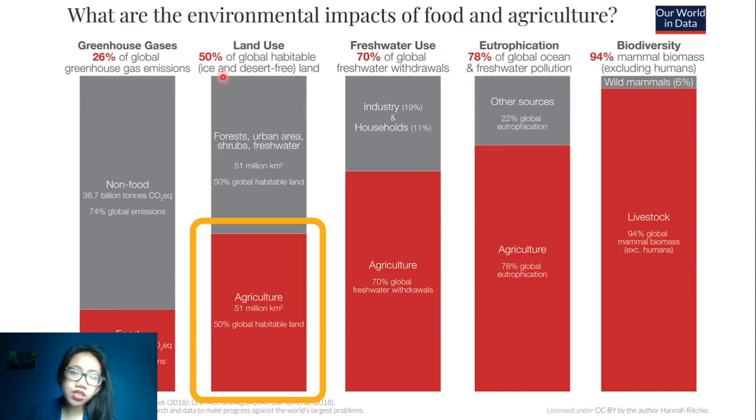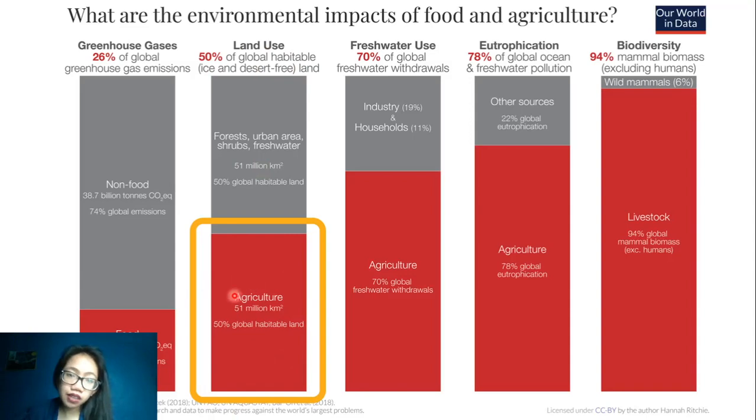So let's focus here on column 2 of our slide, and you will see that this is how we use our lands. So 50% of the global habitable land, meaning there is no ice and there's no desert, so there could be forests, urban areas, shrubs, and fresh water, is indicated here.